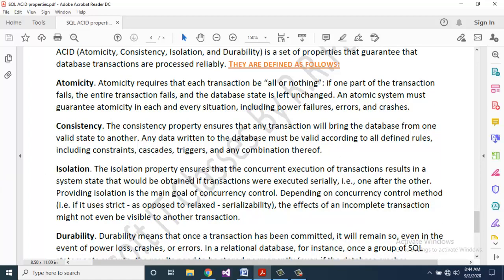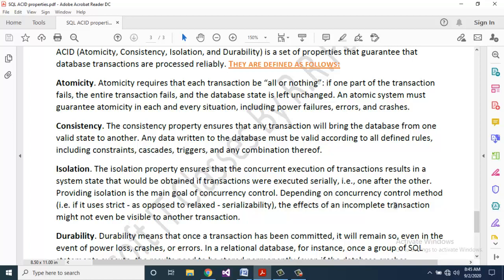Isolation. The isolation property ensures that the concurrent execution of transactions results in a system state that would be obtained if transactions were executed serially, that is, one after the other. Providing isolation is the main goal of concurrency control.